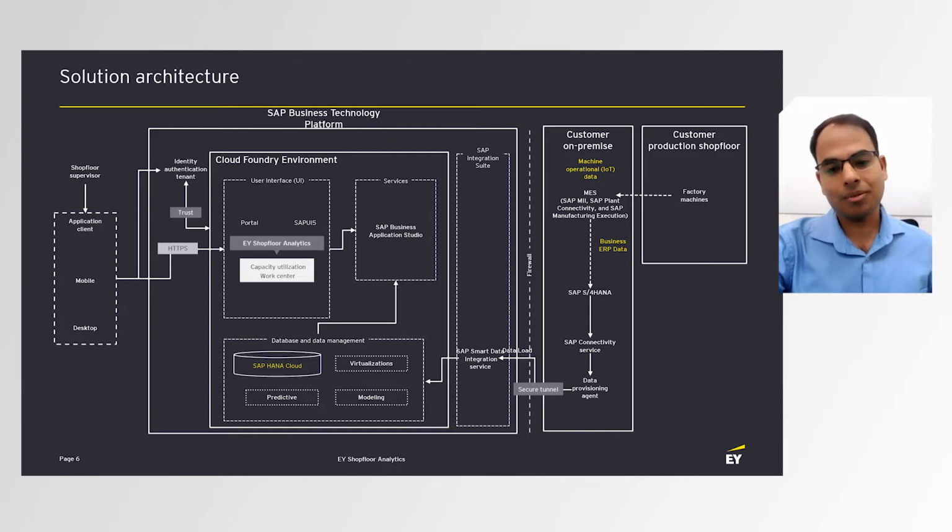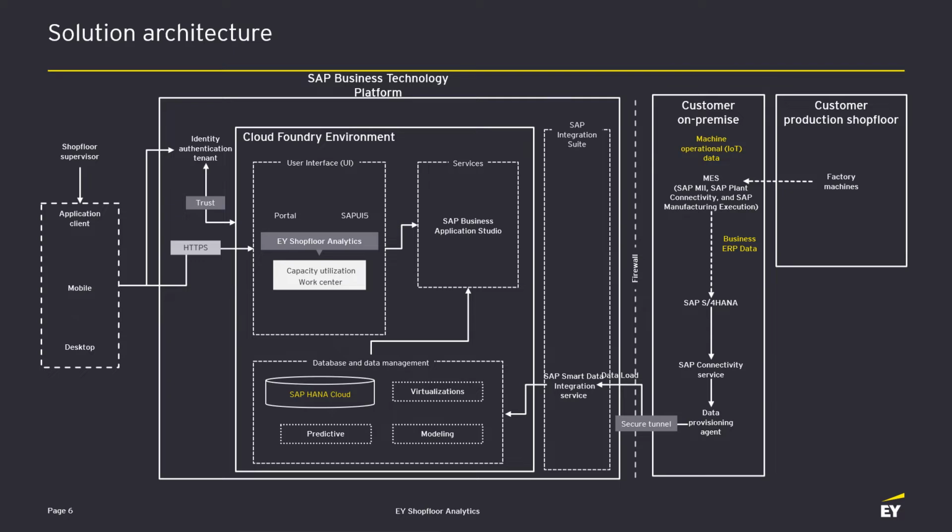So let me first of all double click on the solution architecture here. So the first question is, why did we choose the SAP BTP platform to build our architecture? Absolutely, that's the right question. The BTP platform really gives us the power and the flexibility of deployment.